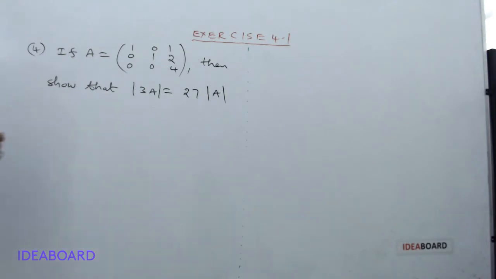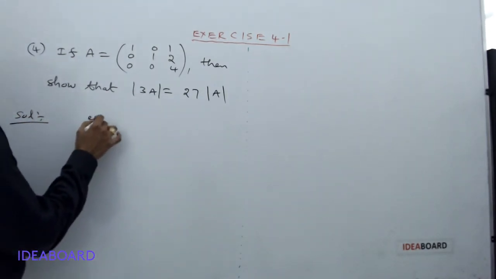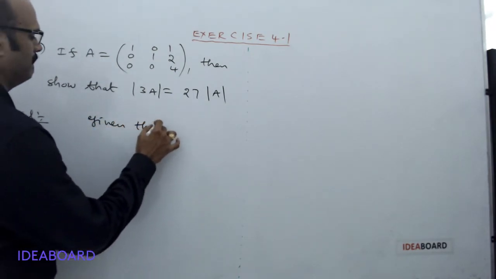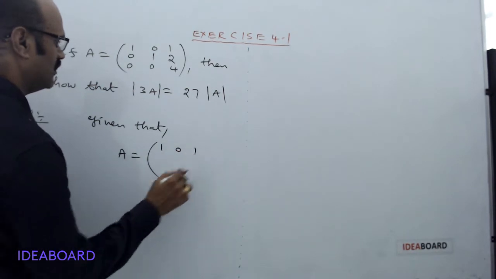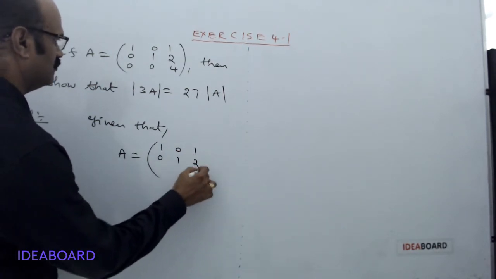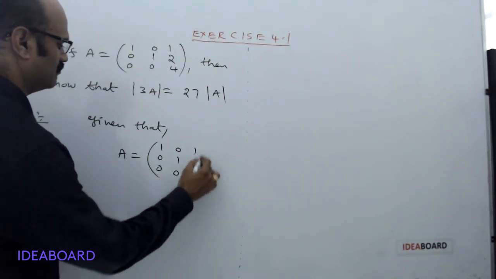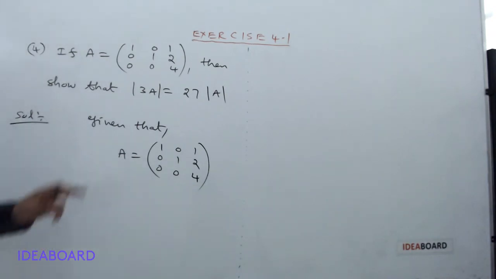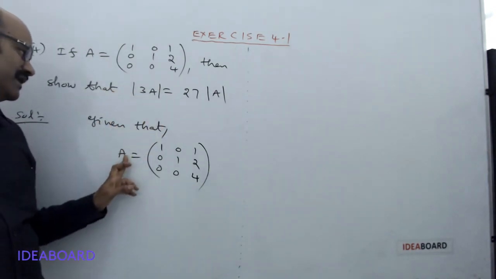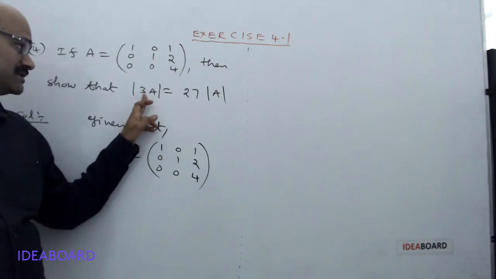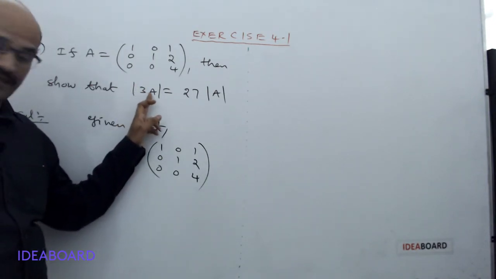Now solution, given that A equal to 1 0 1, 0 1 2, 0 0 4. First we have to multiply each and every element of this matrix by 3, since we are having determinant of 3A.